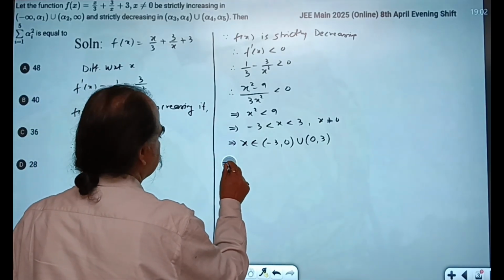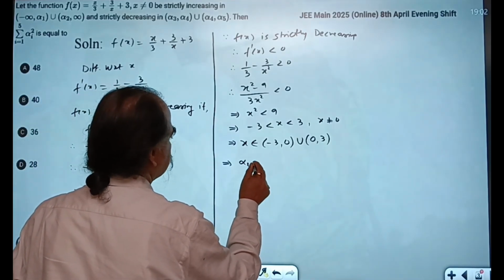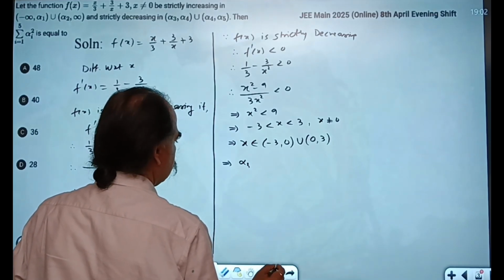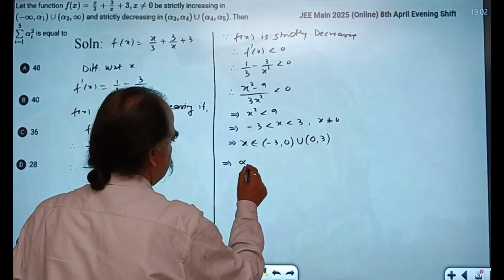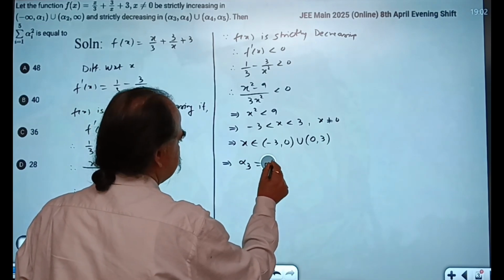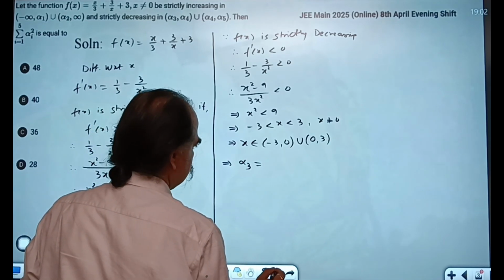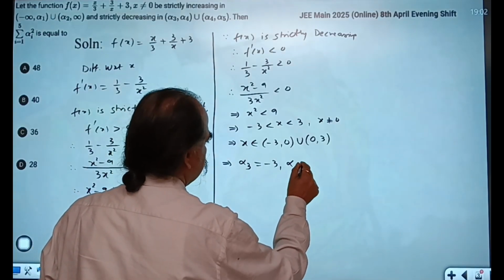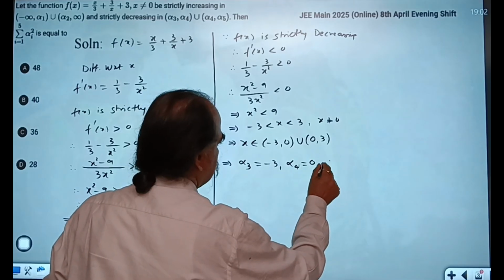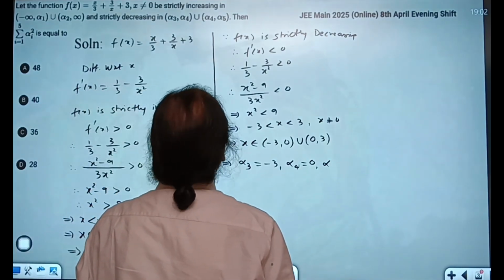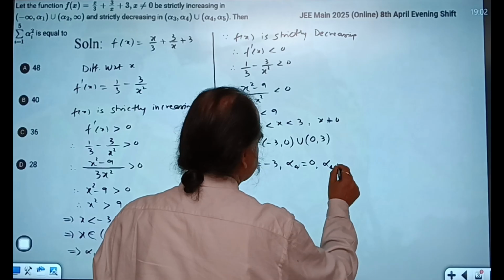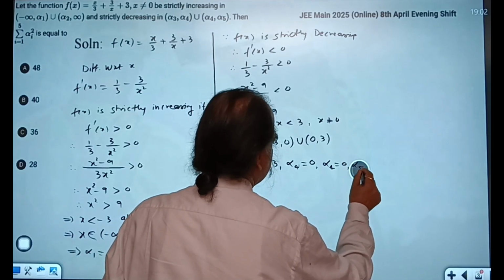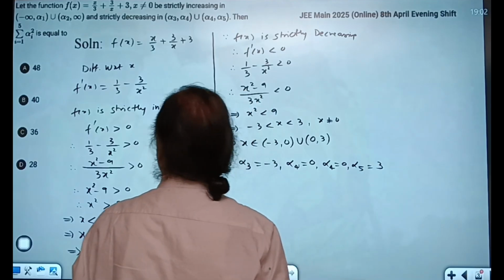So this implies alpha 3 is minus 3, alpha 4 is 0, alpha 5 is plus 3.